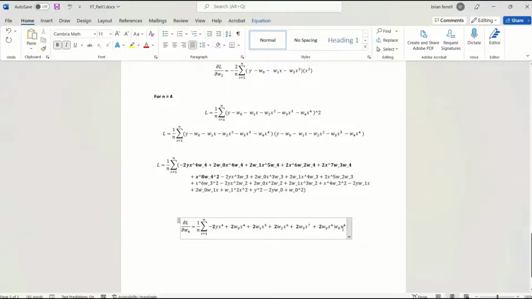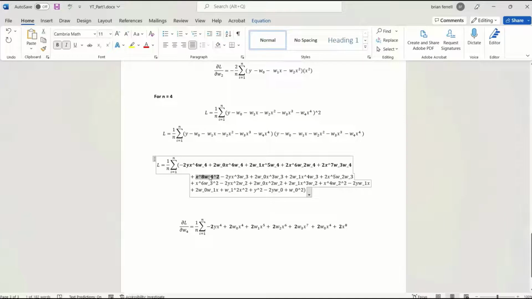and the 2 comes down, and then we don't have a weight. So hopefully this makes sense, right? This one is x to the power of 8 times weight 4 squared. Since it's squared, the 2 comes down, and then you have this, and then just 8.